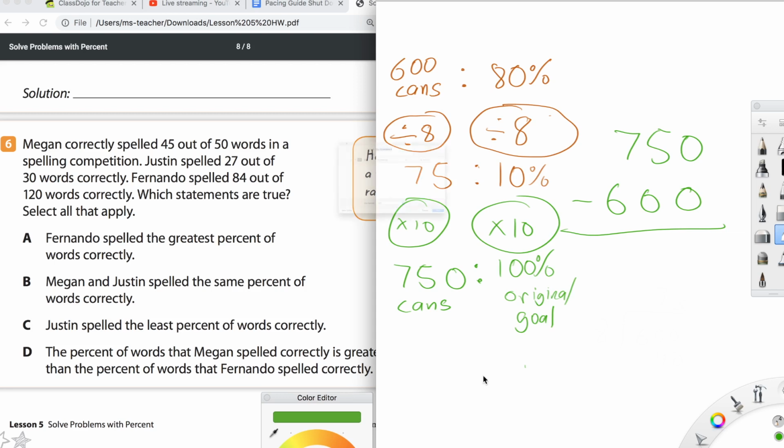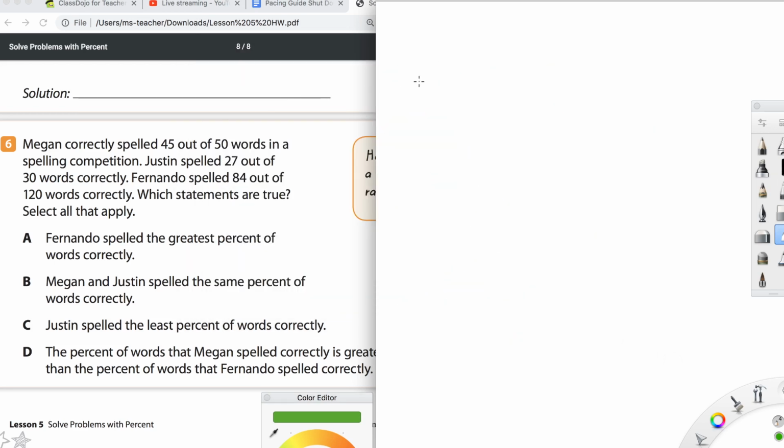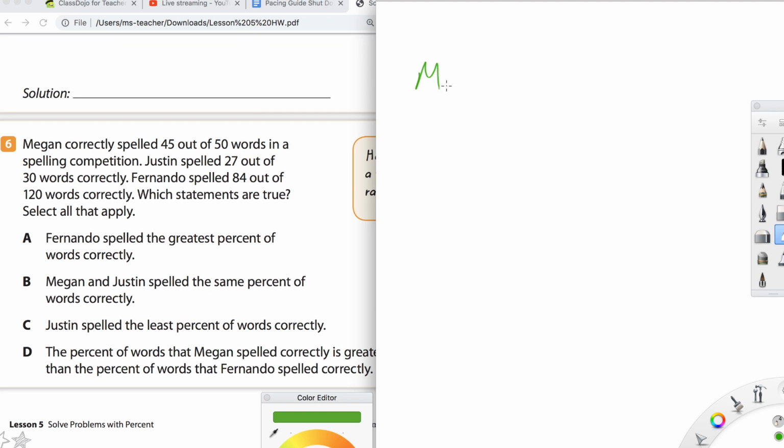So what you must do is lay it out. Megan, Justin, Fernando, so you can see it. It's better when you can see it. Megan did 45 out of 50.